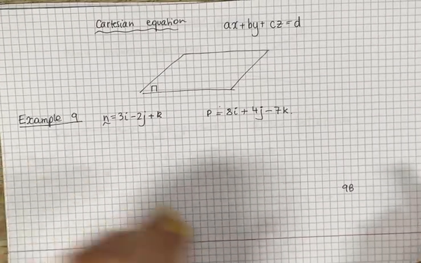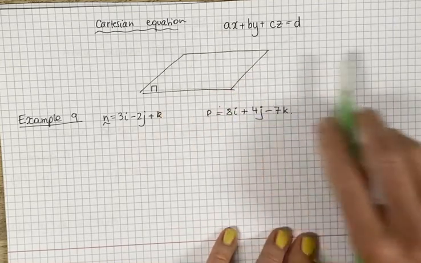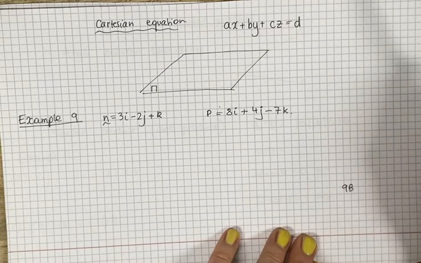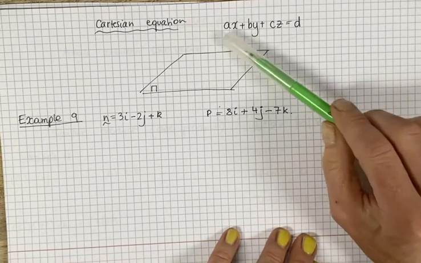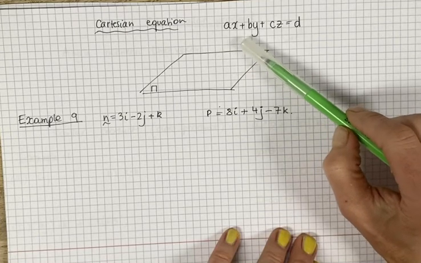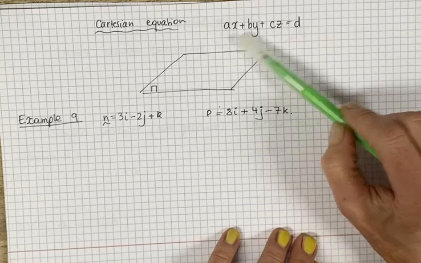Cartesian equation of a plane. There you go. So we've met the vector equation of a plane, and here's the Cartesian equation of the plane. We'll talk about it a little bit more in the next section, but really this is what it looks like.